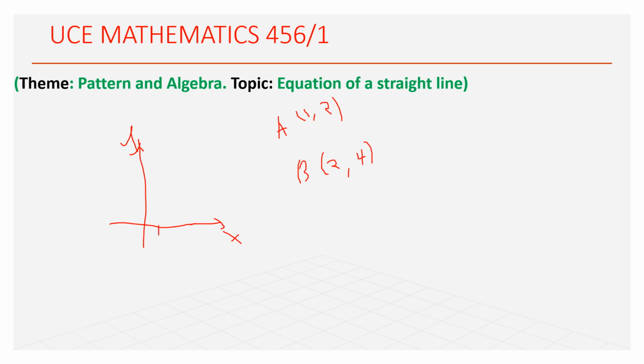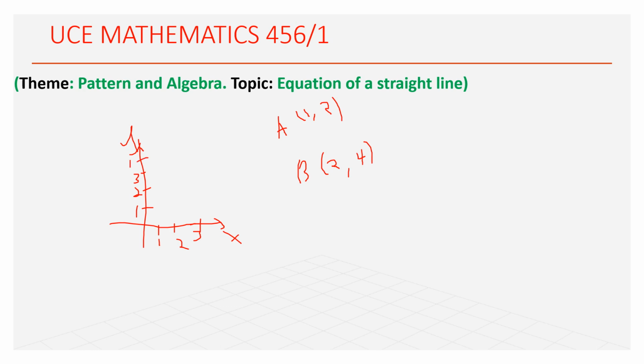This is 1, this is 2, sorry, the scale must be uniform, 3; this is 1, this is 2, this is 3, and then 4.